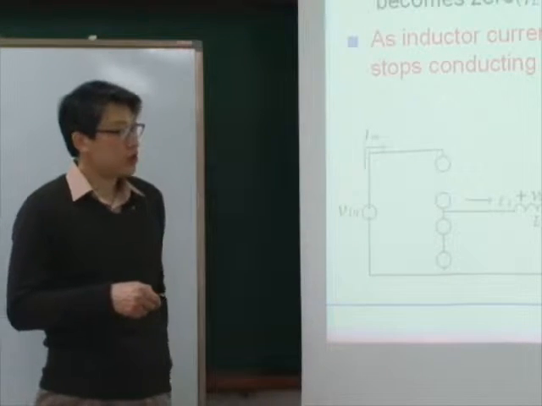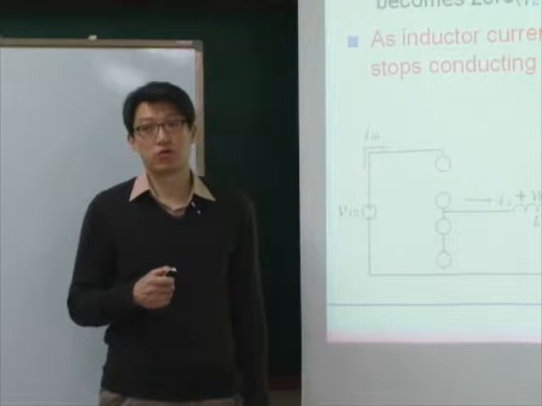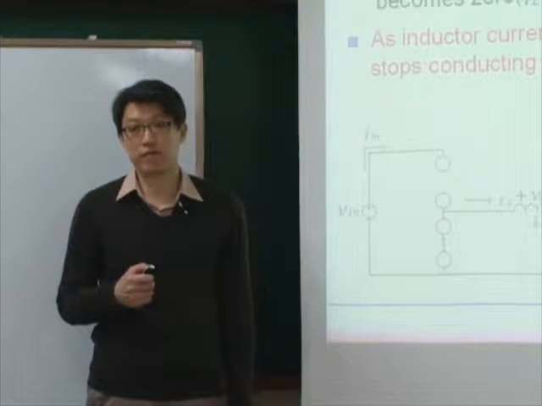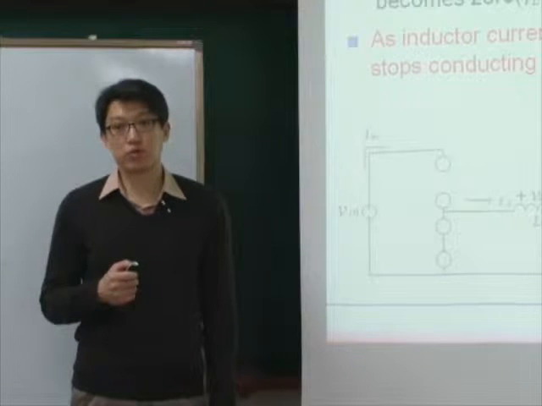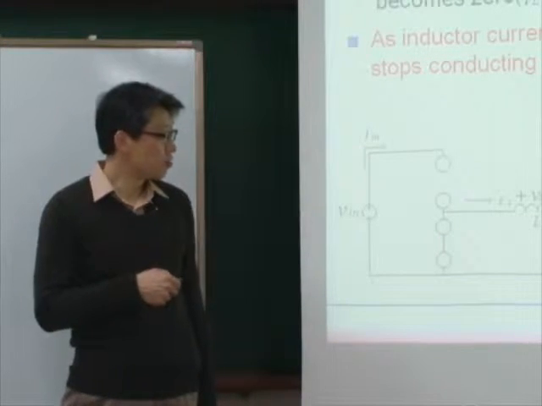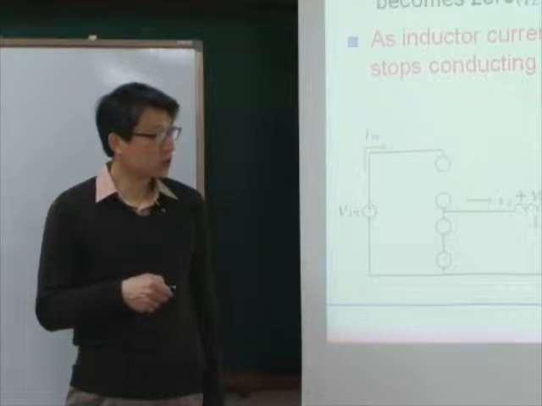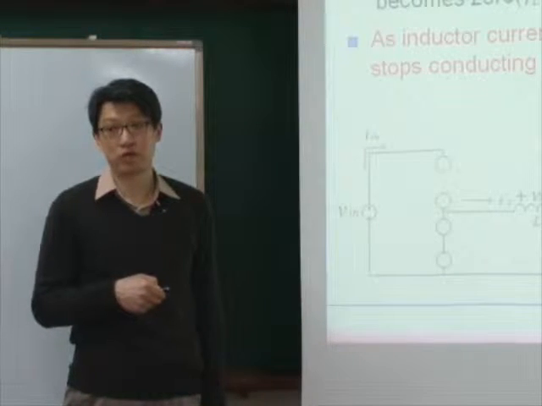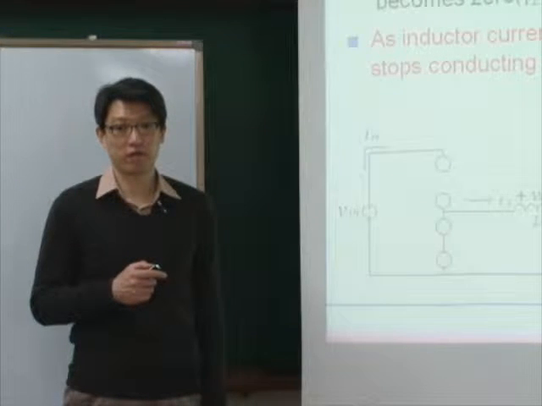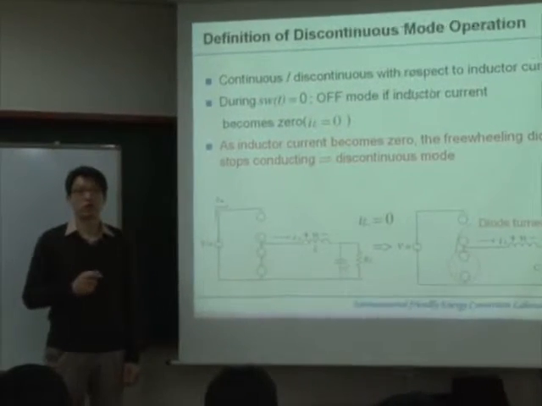So this is discontinuous mode. So in conclusion, we have three switching states for discontinuous mode: on state, off state, and diode off state. Okay, so as compared to two switching states of the continuous conduction mode, this has one additional switching state.